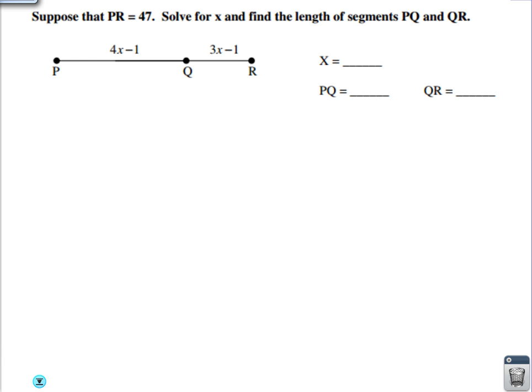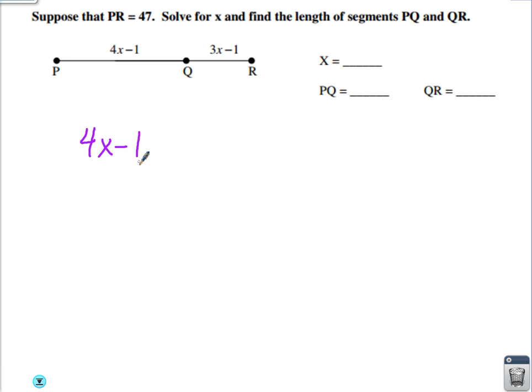This one says, suppose that PR, which is the whole thing, PR is 47. We need a relationship. We need to find out what's the connection between these P, and we know whole equals the sum of the parts. If I add PQ to QR, it's going to give me that whole segment. So 4x minus 1.